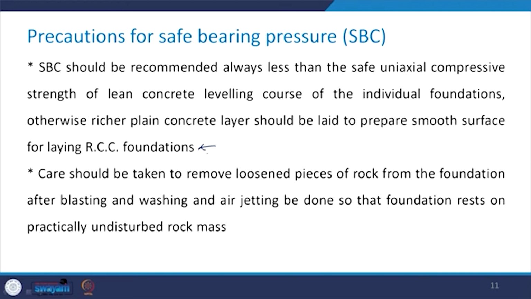The care should be taken to remove the loosened pieces of rock from the foundation, because when you are trying to create the excavation in order to place the foundation, some blasting is to be carried out. Now, because of this blasting, there can be some loosened pieces of the rock at the surface. So, these should be removed and that area should be washed and air jetting should be done so that the foundation rests on practically undisturbed rock mass.